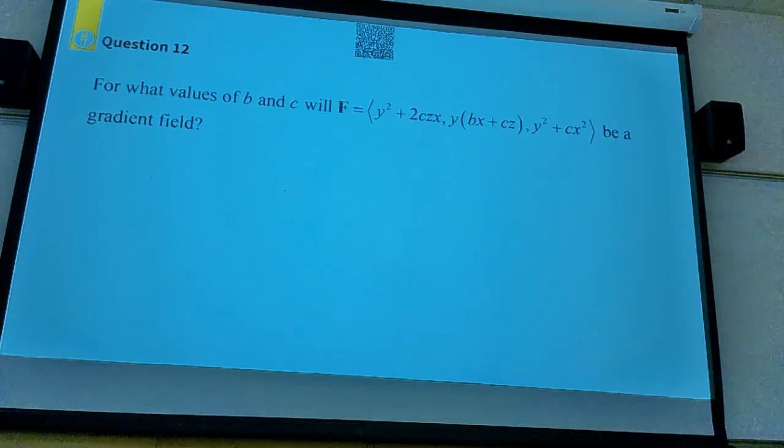I don't have time to do it, but what you would do is take its curl, set it equal to 0, 0, 0 and solve for B and C. Right, because remember, it's conservative if and only if the curl is 0. You get a system of linear equations, 3 equations and 2 unknowns, you can easily solve for B and C.